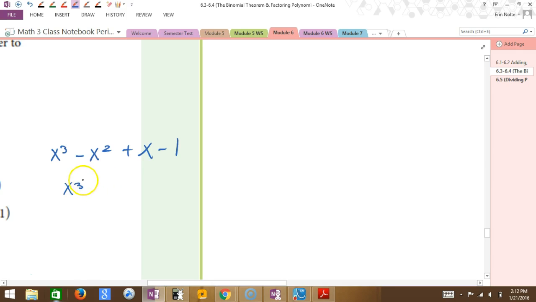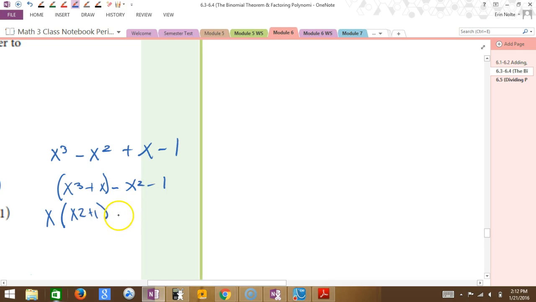So if I go x cubed plus x minus x squared minus 1, is that against the rules? No. So what if I take an x out of this first piece? What would be left over? If I just took an x out of that very first piece. X squared plus 1. Yeah.